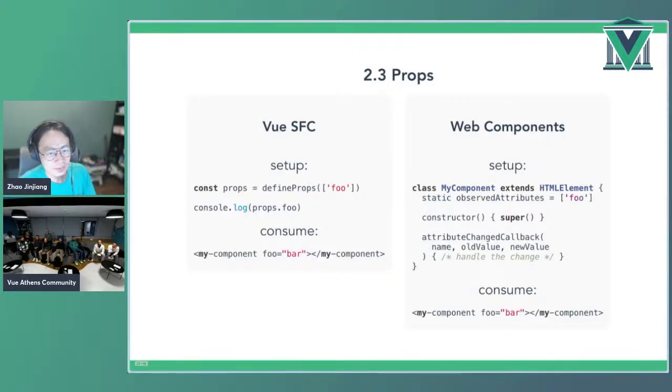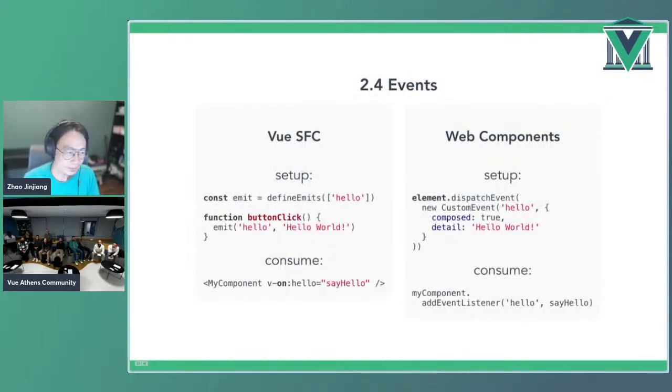For attributes, you should use the static member observedAttributes to specify the attributes you want to observe. And then you can observe and handle the changes in the method attributeChangedCallback. For properties, we will cover it later. Quite similar.